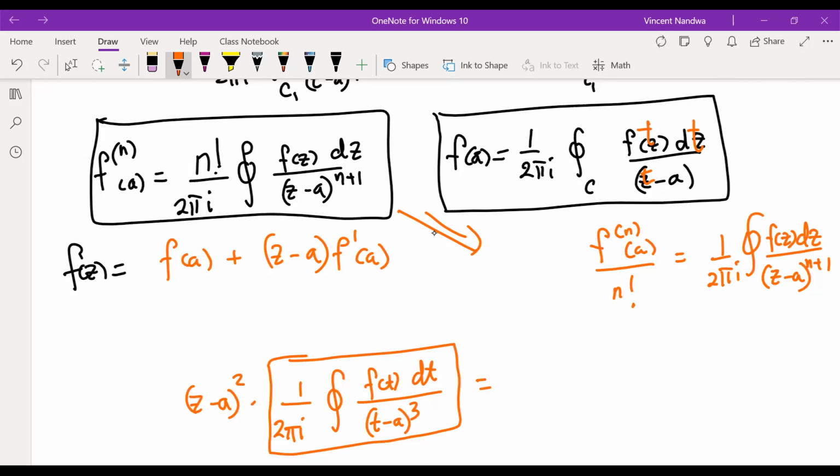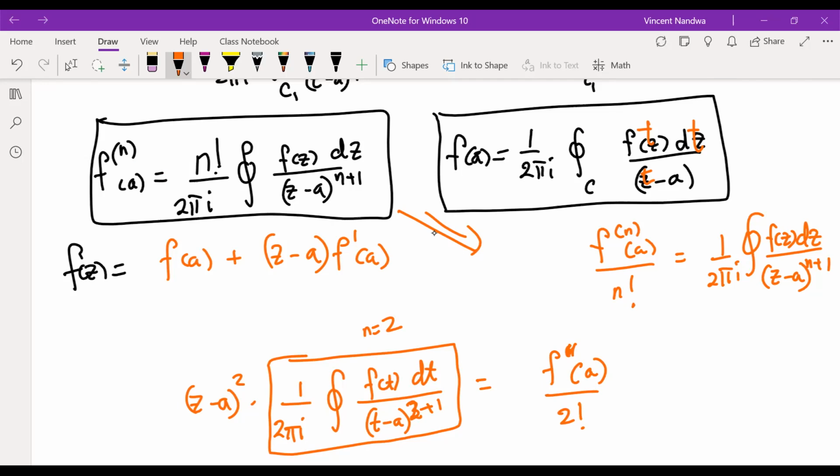is the same as, remember 3 can be written as 2 plus 1. So the value of n will be 2. So this is the same as writing the second derivative at the point a over 2 factorial. So this is what this expression will be defining.